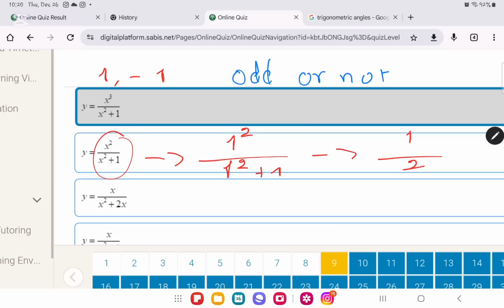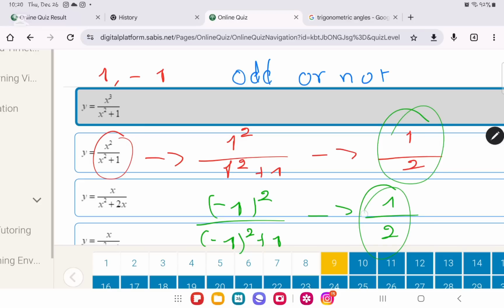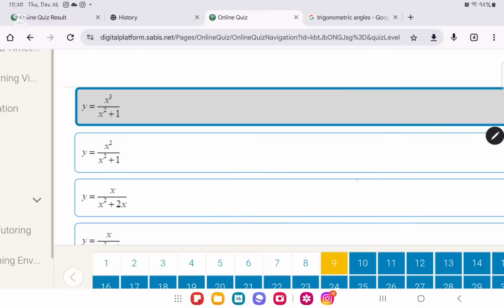If we put minus 1, it's minus 1 to the power of 2 divided by minus 1 to the power of 2 plus 1, which gives us 1 over 1 plus 1, which is 1 over 2. If you noticed, they gave us the same exact number and the same exact sign, so that means it is not odd. So far we know that it is not odd.